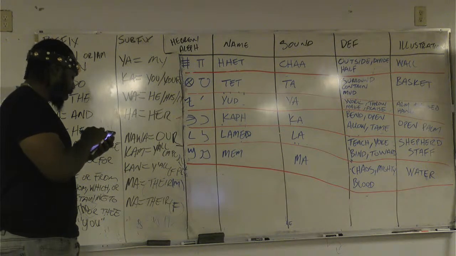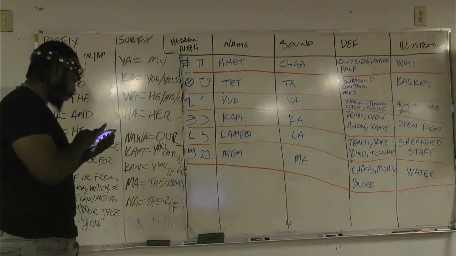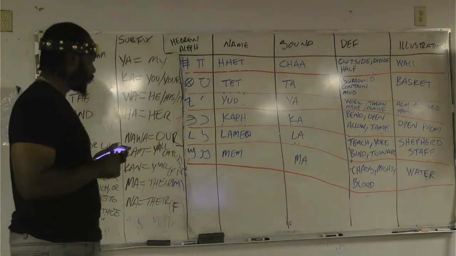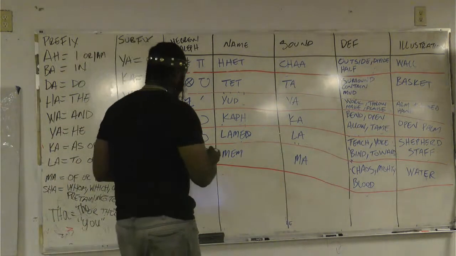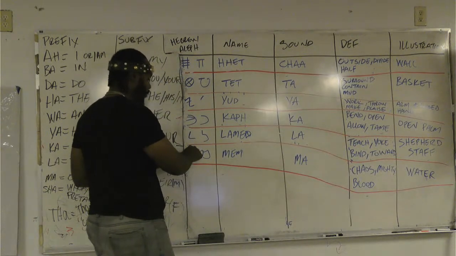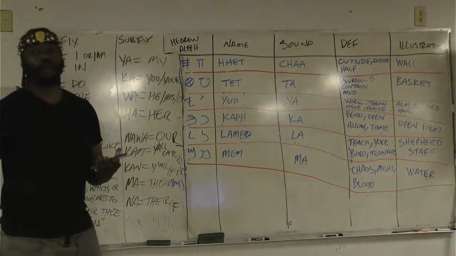That's why when you dehydrate, you feel like you're about to die. It looks like waves. So the symbol literally looks like waves. So now let's give you an example of a word.